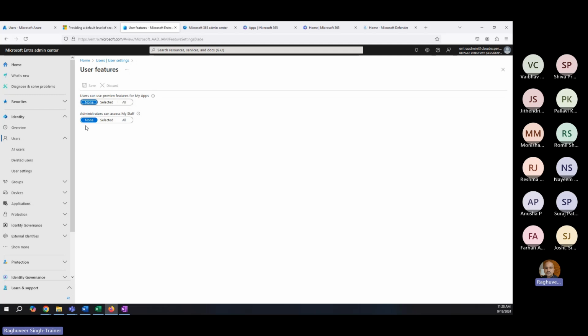By default, it says none. If you say selected, yes, you will need to select to whom you want to show it. And if you say all, then it will be shown to everyone. So there is absolutely no risk in showing preview capabilities. I don't find a risk, but this is the setting that you need to be aware of.